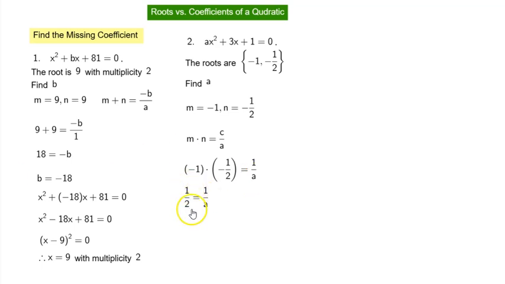This gives us 1 by 2 is equal to 1 by a, and taking reciprocals on both sides, we get a equal to 2. So our equation is 2x square plus 3x plus 1 equal to 0.